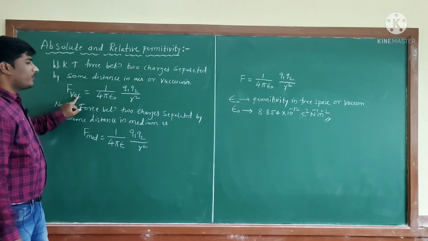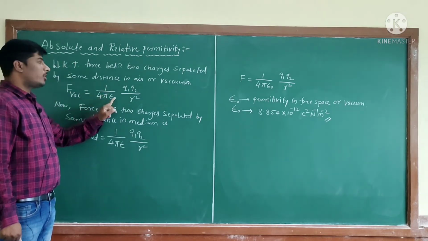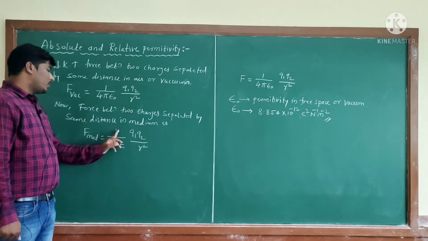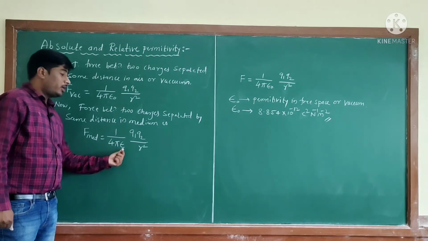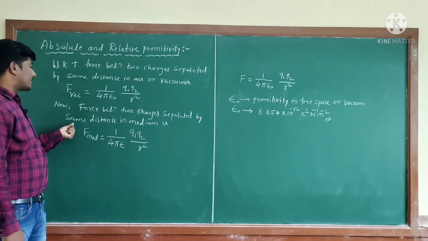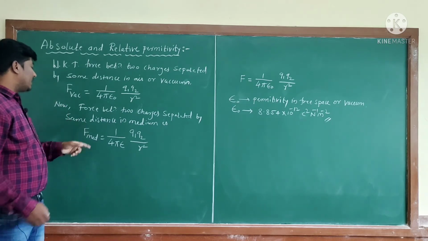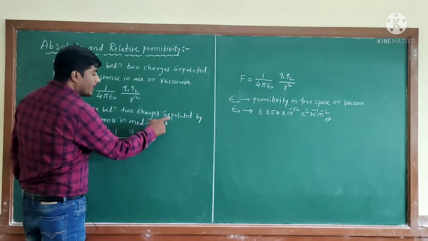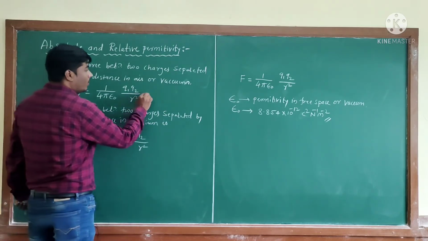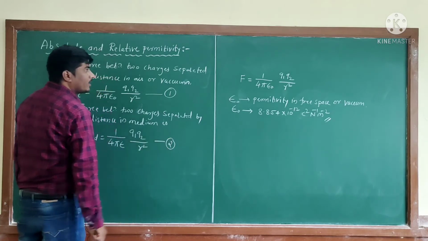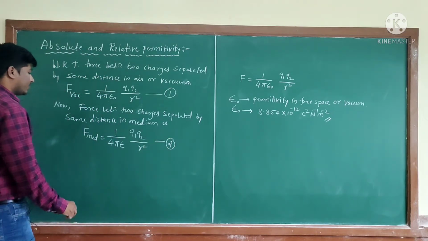So we have F vacuum equal to 1 by 4 pi epsilon naught q1 q2 divided by r square, and F medium equal to 1 by 4 pi epsilon q1 q2 divided by r square, because the charges are separated by the same distance in the medium. We call these equation 1 and equation 2.